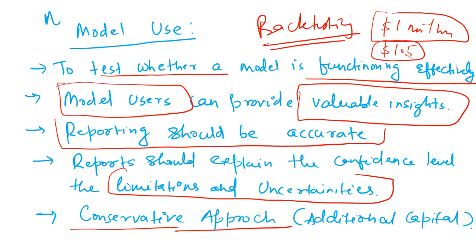Why this 0.5? This is an additional amount that you are holding because you think that the model is underestimating this. So it is always good to have a conservative approach, because of any issue with the model, which of course is known as model risk. With any issue with the model, a bank should be in a position to survive. So it should not be very vulnerable to model risk. And that's why decision making should be conservative in nature.